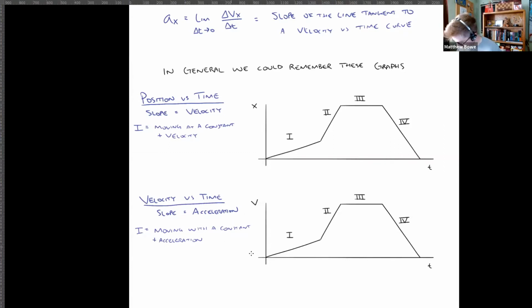So I need to also label what the velocity is doing. So this is a positive acceleration with a positive velocity.